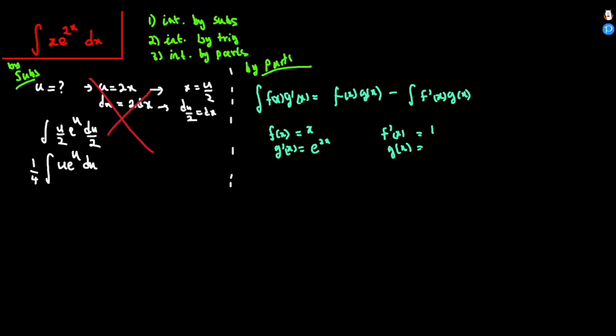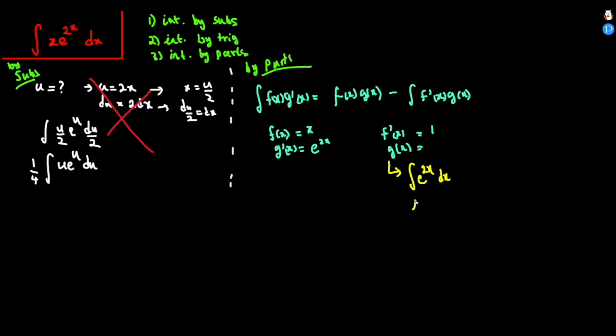So, just a different color. Okay, so we need this. So this is the integral of e to the 2x dx. Now this is a good candidate for substitution, right?